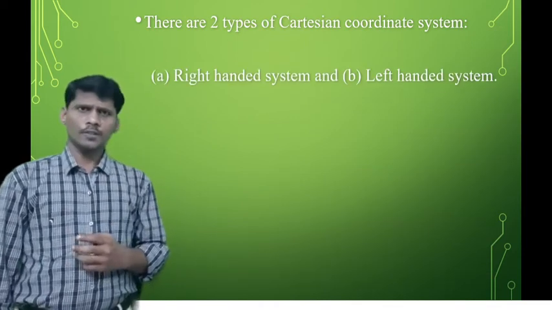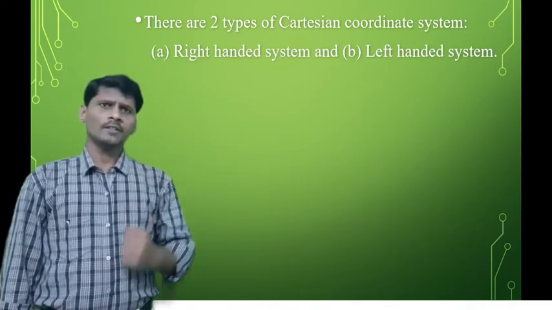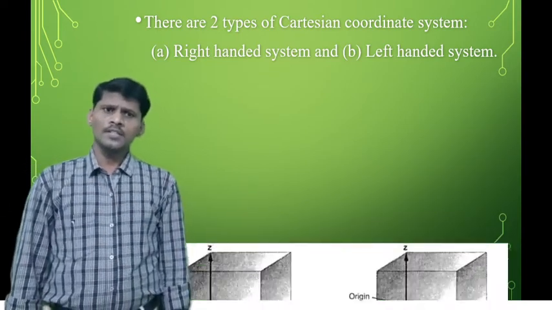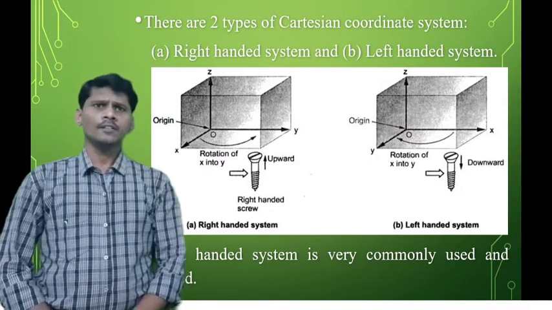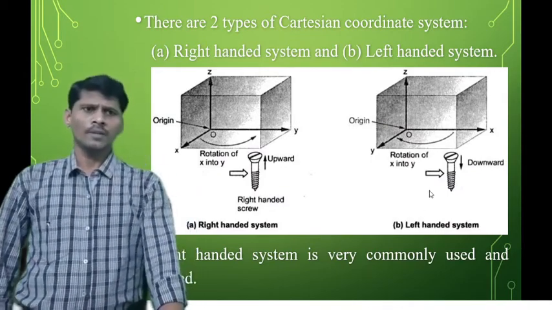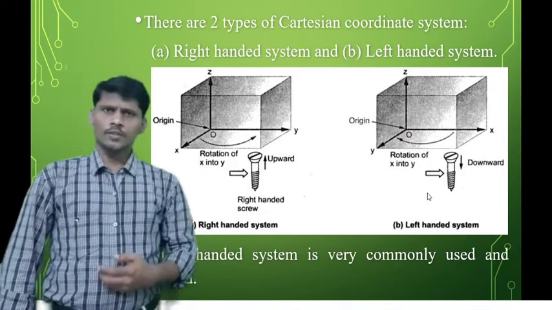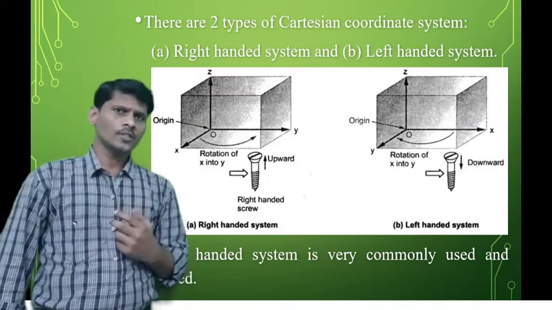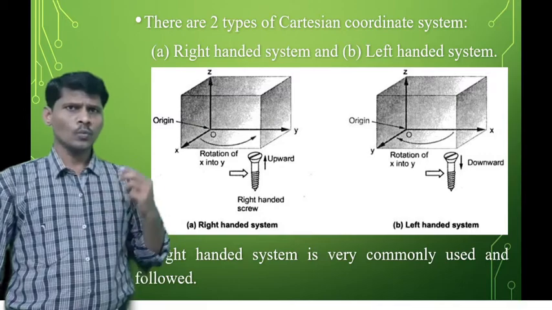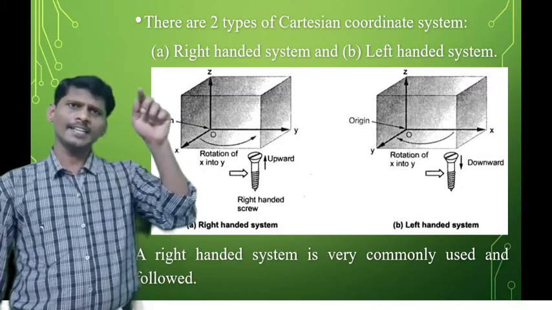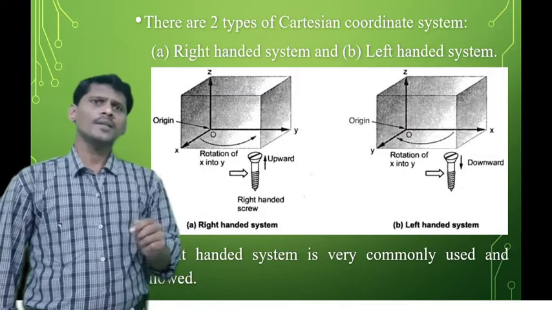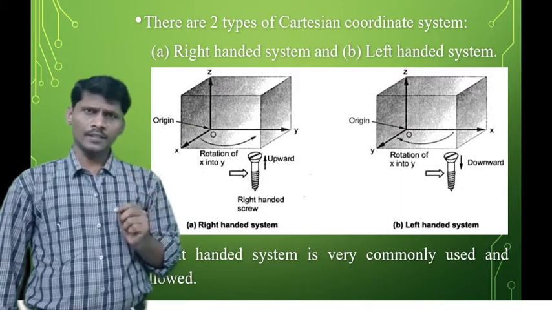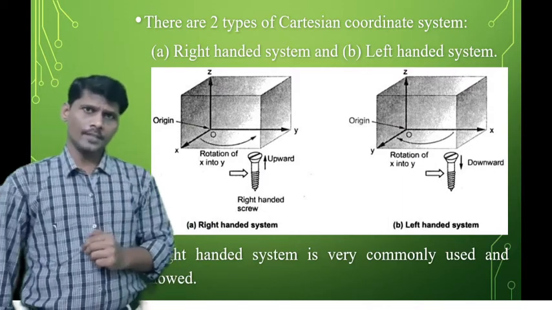Basically, there are two types of Cartesian coordinate system: right-handed and left-handed Cartesian coordinate system. This is the figure of the right-handed Cartesian coordinate system, and this is the figure of the left-handed one. In the right-handed system, the coordinate axes x, y, and z are represented in anti-clockwise direction, and in the left-handed system, the axes x, y, and z are represented in clockwise direction.